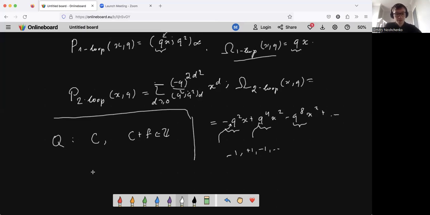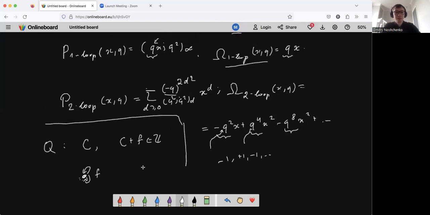Of course, in the prototype example of one loop, when you add framing, you just add some number of loops again. And so you can see that going, for example, from the one loop quiver, where you have finitely many DT invariants, after framing you obtain something which has infinitely many DT invariants, which is quite a non-trivial phenomenon.